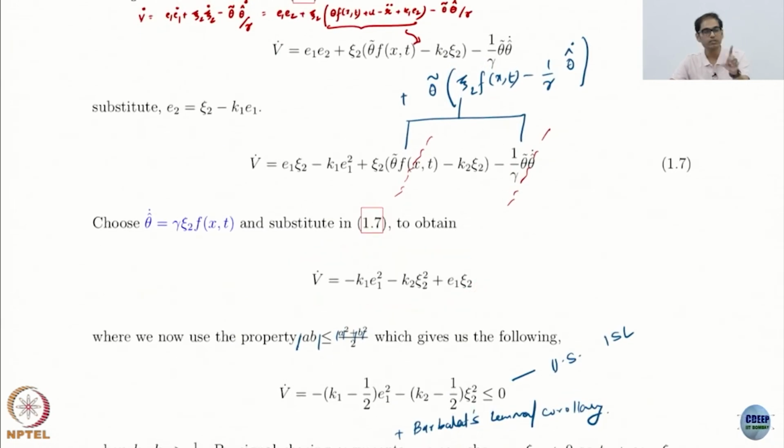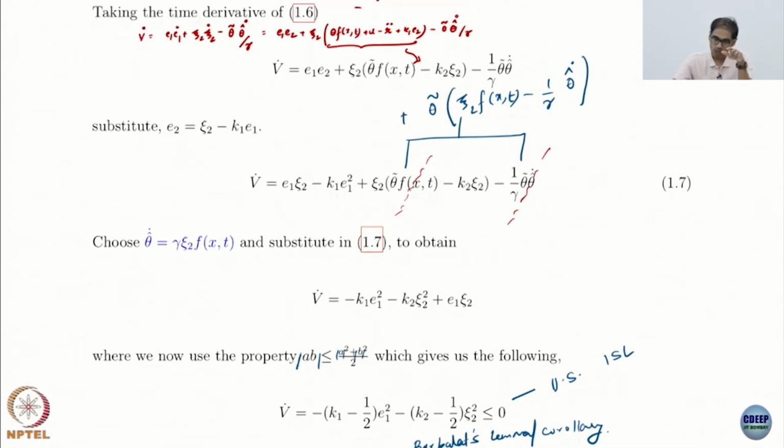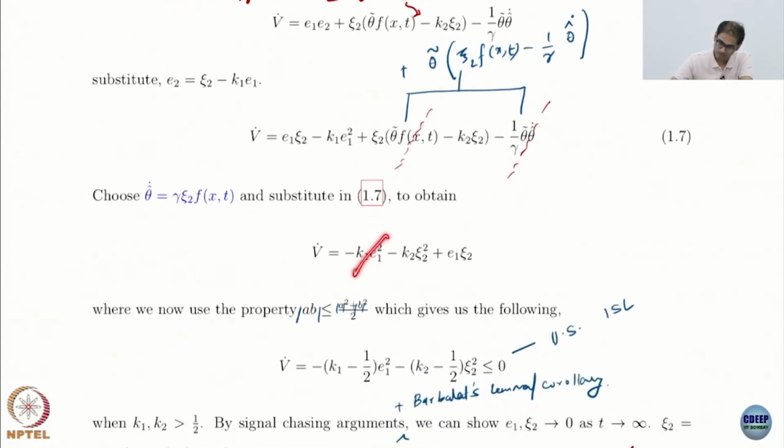This is why starting with non-strict Lyapunov functions will land you in trouble. If only E2 was appearing here, then you will have something like this. This will be a big problem for you. So in adaptive control, the way we do it, the V dot looks exactly like the known case.